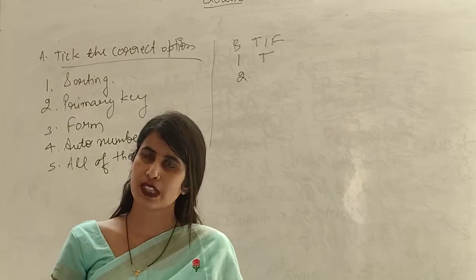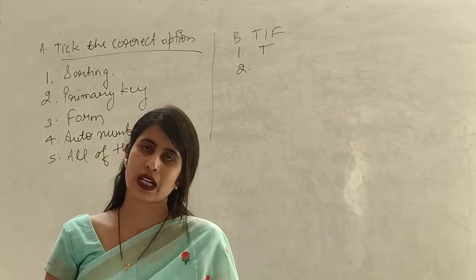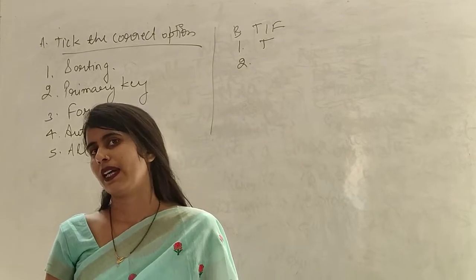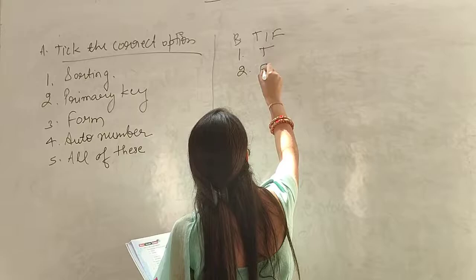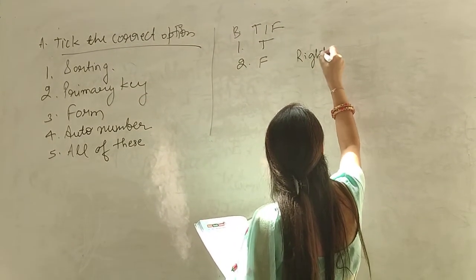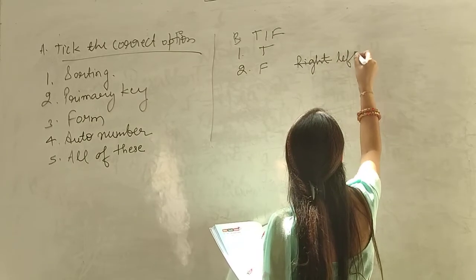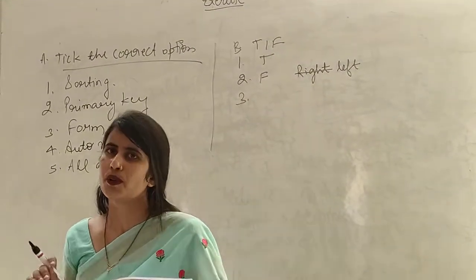So it is a false statement. And what is the correct statement for it? We have to cut right and write here left. So it will become the true statement.